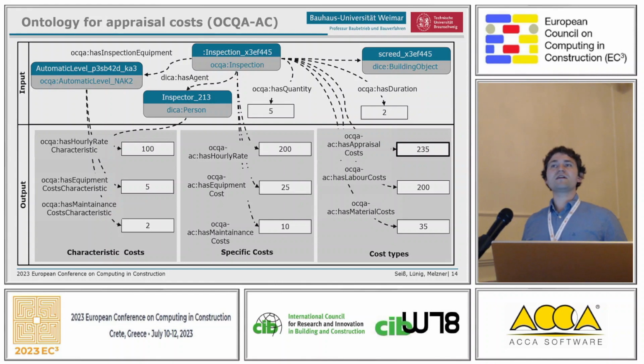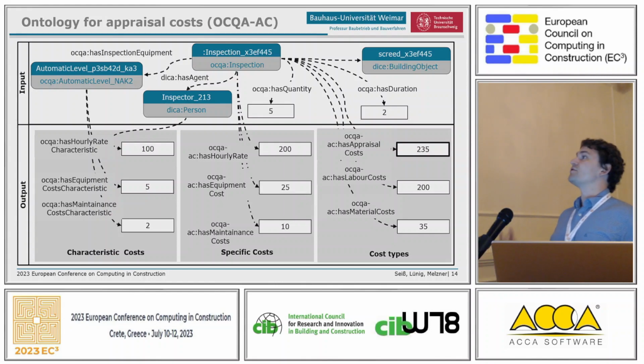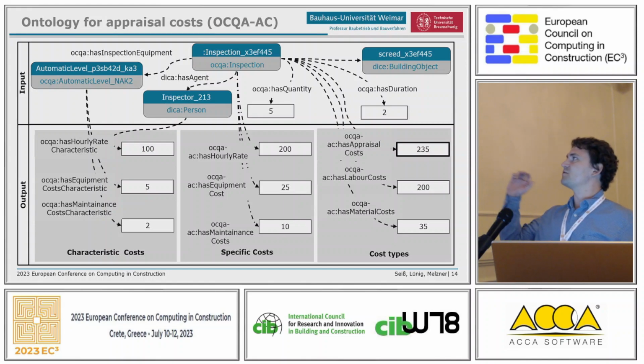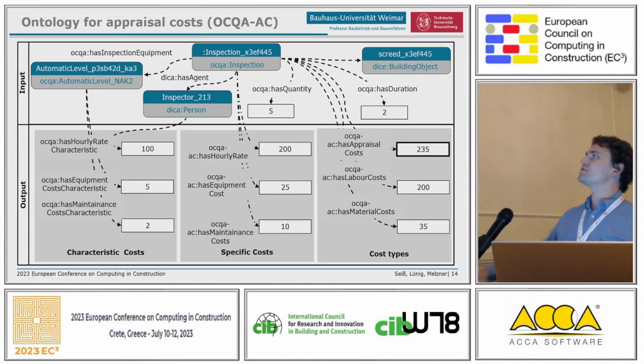The SHACL rules then use the quantities or the duration multiplied with the characteristic values to get the specific costs, and we just sum up all the specific costs to the specific cost types we defined, such as appraisal costs, labor costs or material costs.